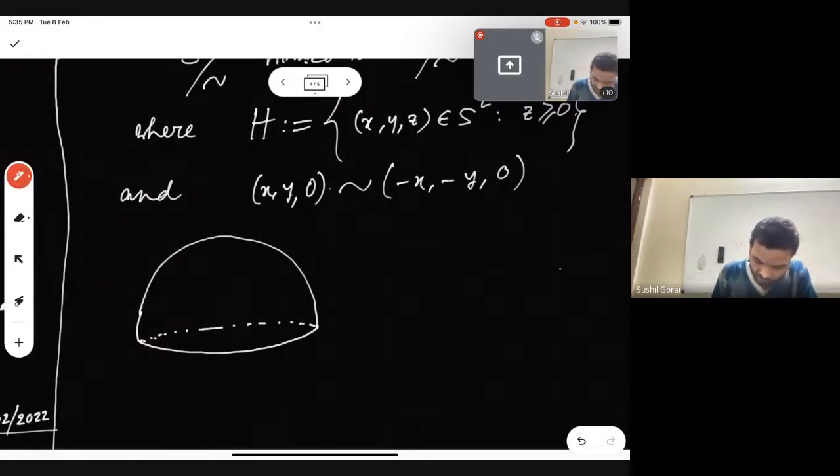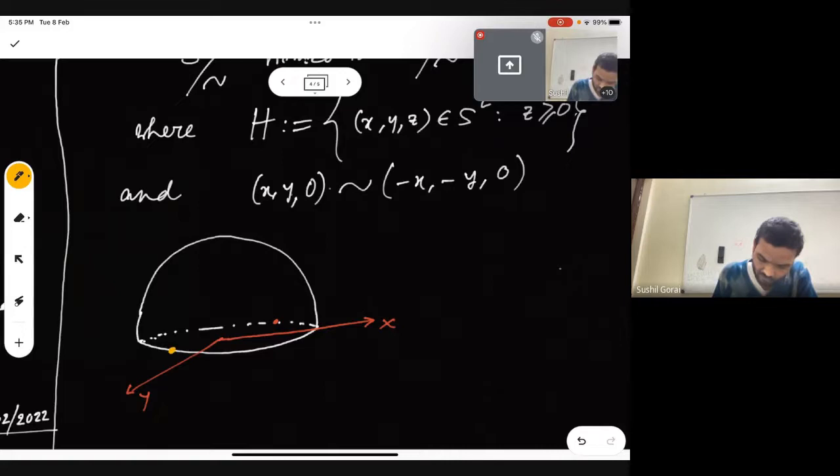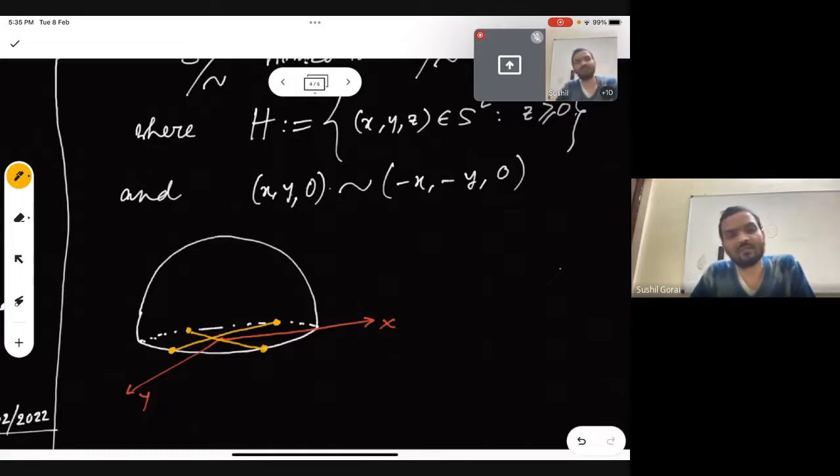We have the x-axis and the y-axis, and these points get identified with these points. These are the antipodal points. Is it clear? Any question?